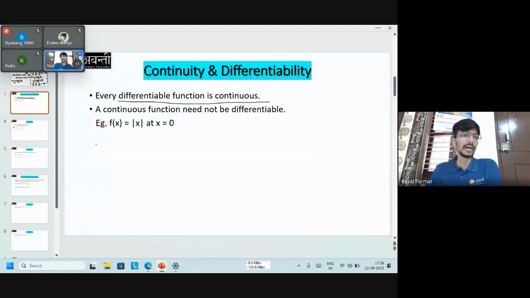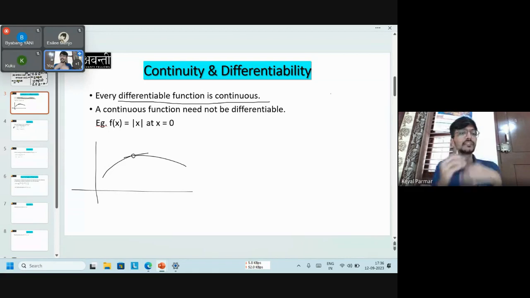And it is common sense: if a function is breaking at some point, then I cannot draw a tangent at this point because that point does not exist. I hope you are getting it. If the point is not in the domain, then how can I draw a tangent at that point? The point is not there. So I am not able to draw a tangent.